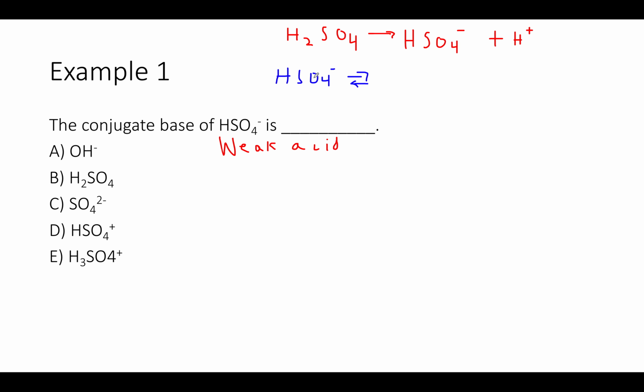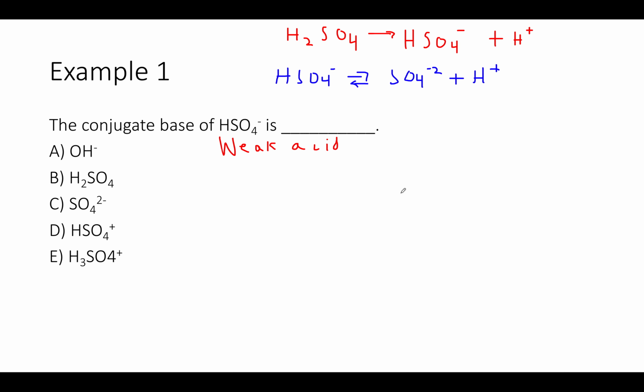So when you dissociate HSO4 minus, you're going to lose this hydrogen ion. So you're going to get SO4, and this is going to have a -2 charge now, because it's lost two hydrogens, one in the first step and one in the second step, and you're going to have a hydrogen ion.